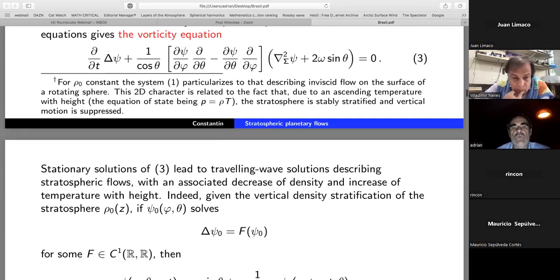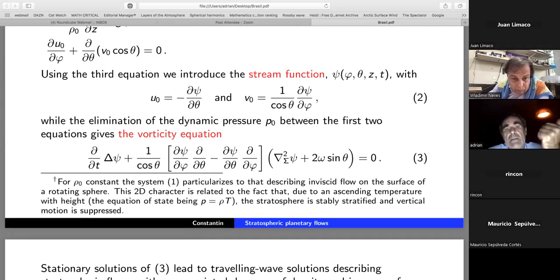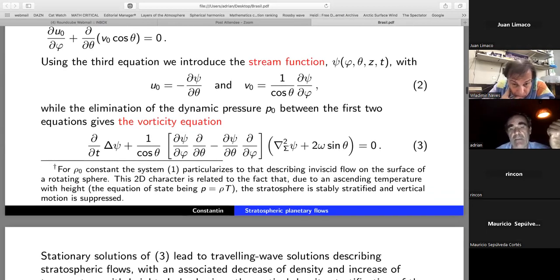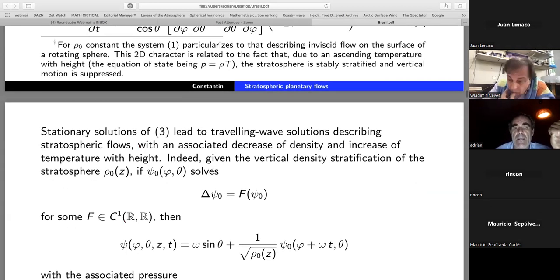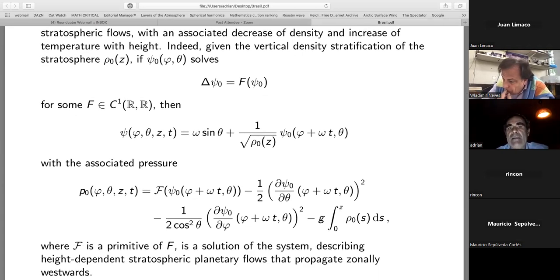What I will do is look for simple solutions, the simplest possible. There are not many explicit ones available, unfortunately. So here is an important observation. I want to look for traveling wave solutions, and the Laplace here is Laplace-Beltrami. Everything is in spherical geometry.